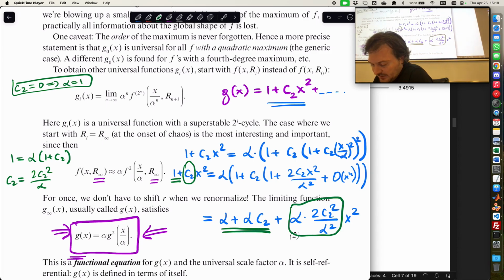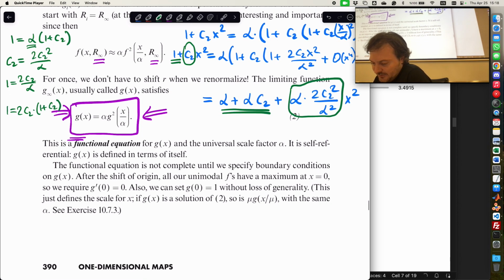The other solution is when 1 is equal to 2 c2 over alpha, which is 1 equal to 2 c2 times 1 plus c2. Do you agree? Because alpha is 1 over 1 plus c2. So far, are you still with me? So what do I get? 2 c2 squared plus 2 c2 minus 1 is equal to 0.